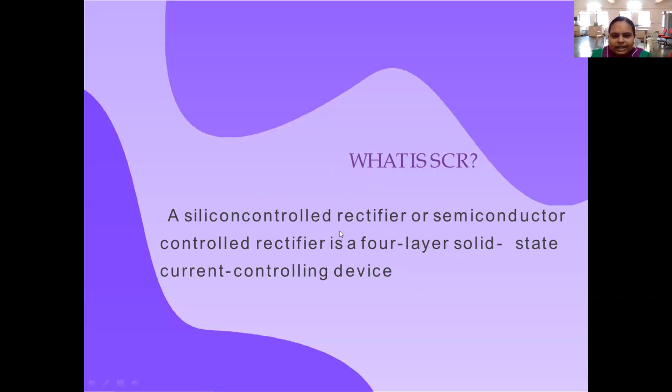What is the meaning? The SCR is a silicon controlled or semiconductor controlled rectifier, and it has 4-layer solid state construction. We are controlling the current, so it is a current controlling device. That is what the SCR is.